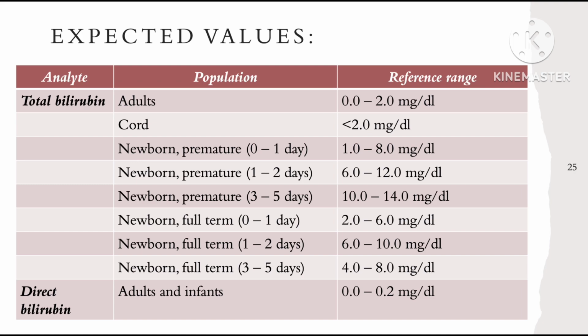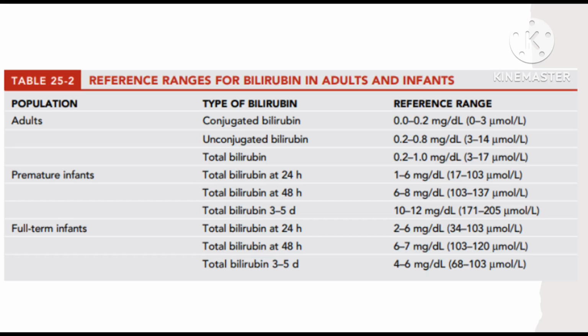So I just want everyone to familiarize themselves with the reference range, either from the expected values of our reagent or from the reference range provided by the textbook. This is another reference range for bilirubin in both adults and infants. You can see this in our reference textbook from Bishop. My reference for this is Bishop.